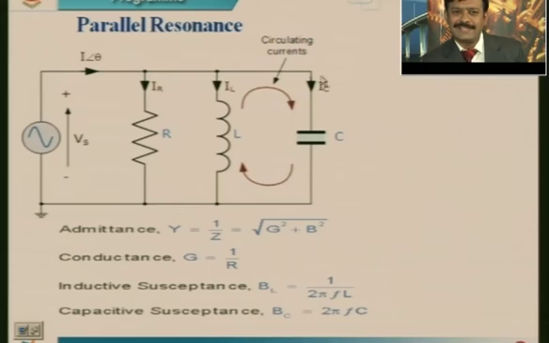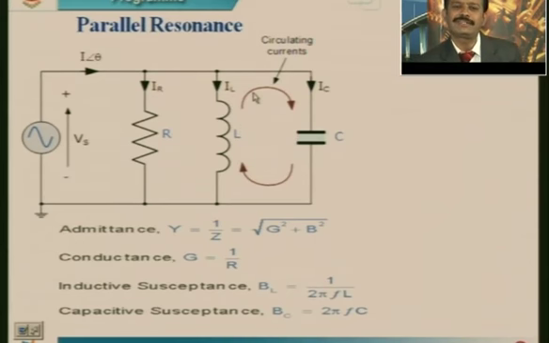And look at this LC circuit, familiarly called the tank circuit. Here current IL flows through L and IC flows through C. IL is in the clockwise direction and IC is in the anti-clockwise direction.